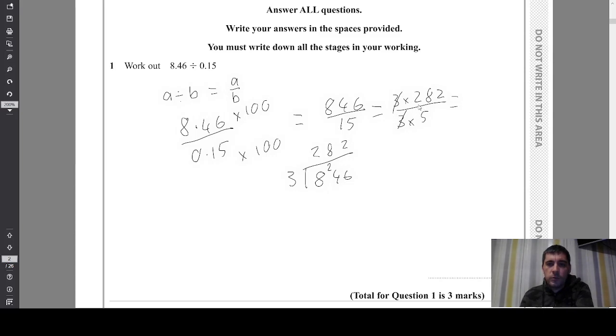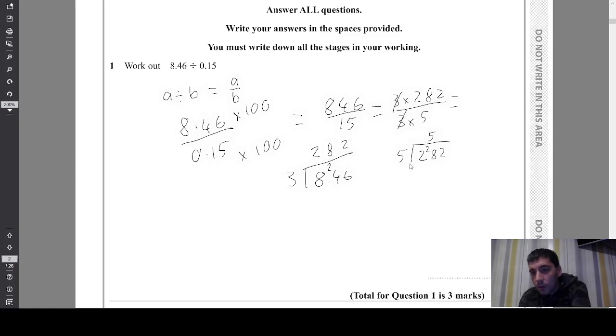So all I have to do is 282 divided by 5. We can't fit 5 into 2, so just bring one more. Bring 2 to the next digit, so I can fit 5 fives into 28.